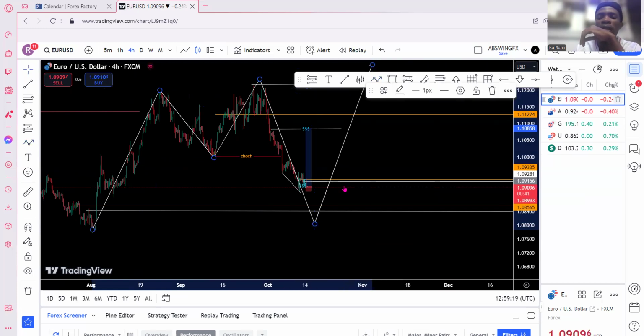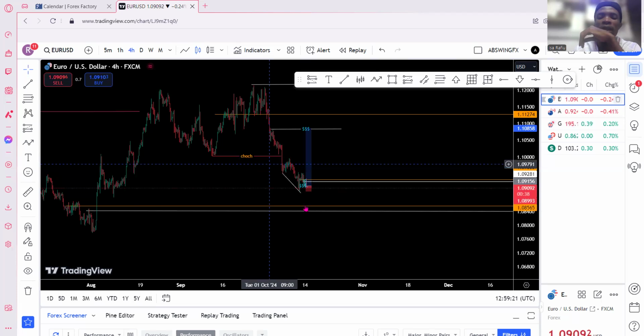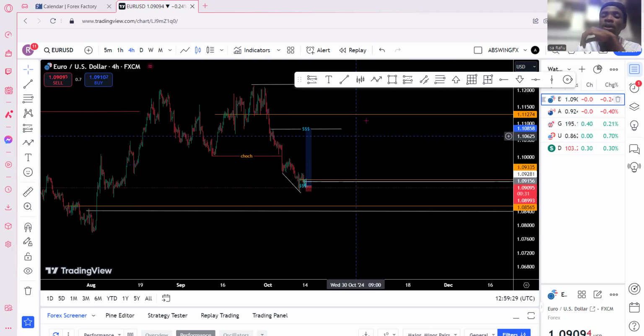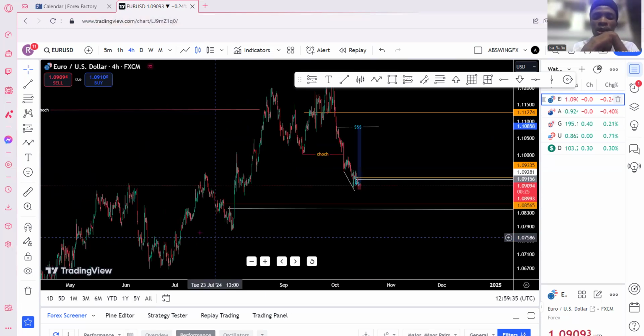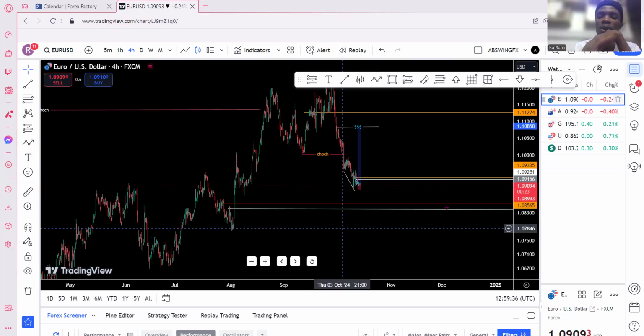And this whole place is still in our demand area, where we need to look for an opportunity to long, until we see the market sweep the lows more.